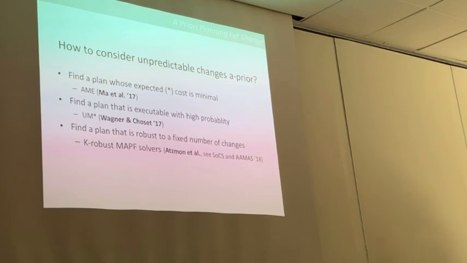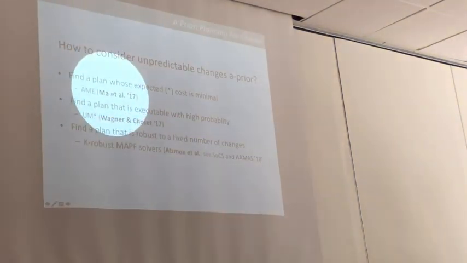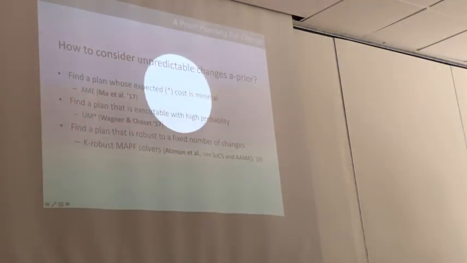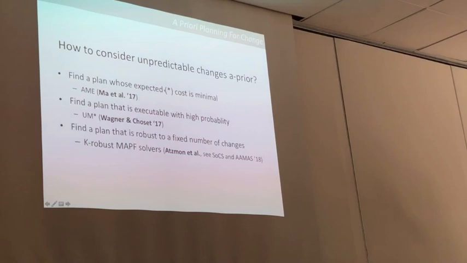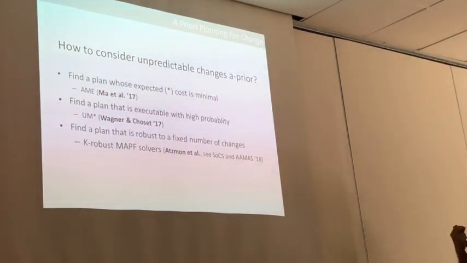Any questions so far? Okay, I won't elaborate on all three because we don't have enough time, but I will say this. In the first one, the expectation cost, do you see the asterisk there? That's because their algorithm, which was based on CBS, does not guarantee anything about the expectation.